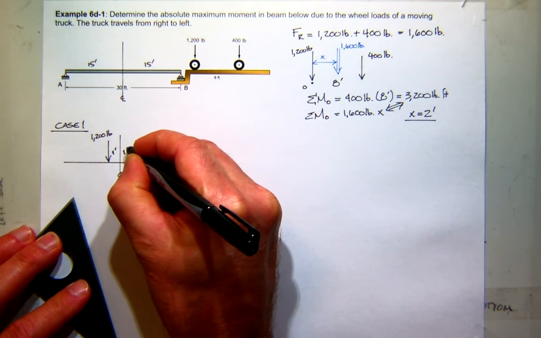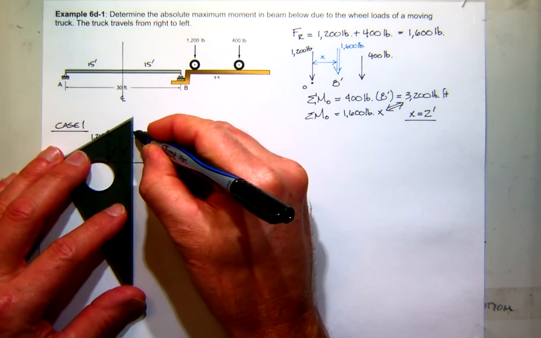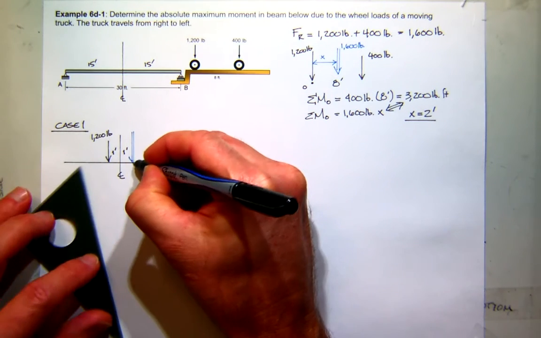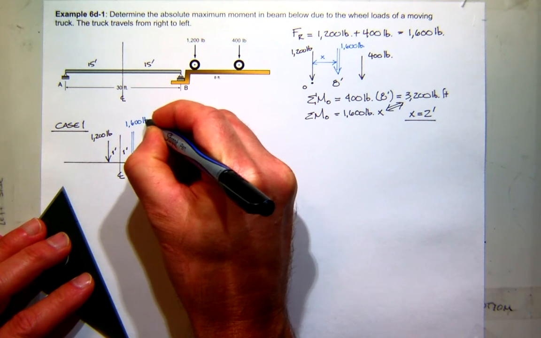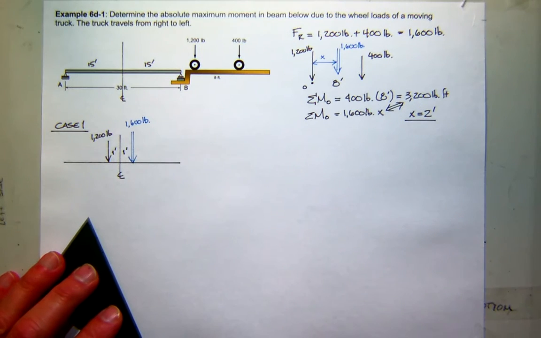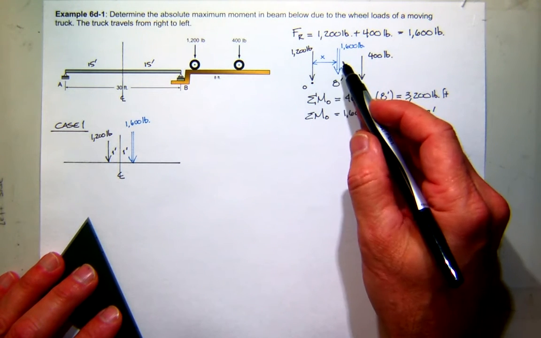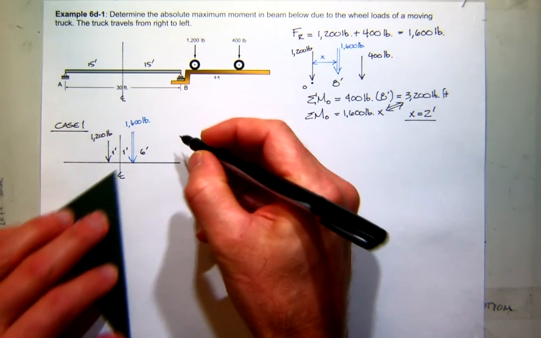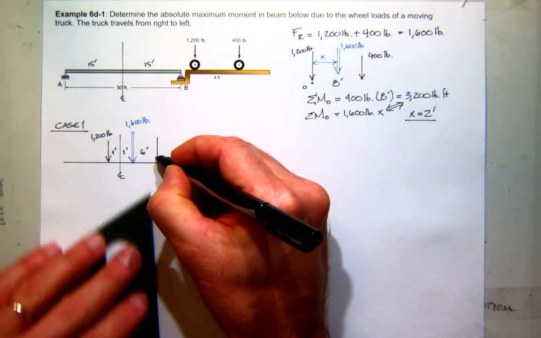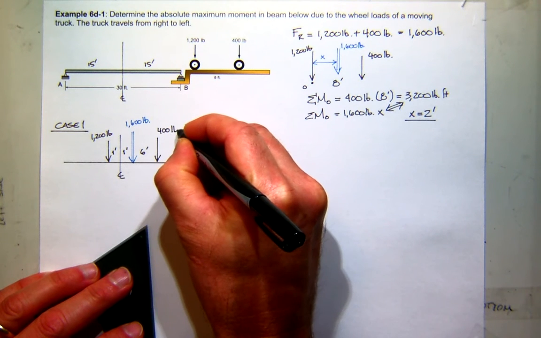And then 1 foot back is the location of my concentrated equivalent, or my resultant force, which is 1,600 pounds. And then how many feet back to the 400? 6. Yeah, if this is 2 feet, then this would have to be 6 feet. So I go 6 feet back, and there's the location of my 400 pound force.